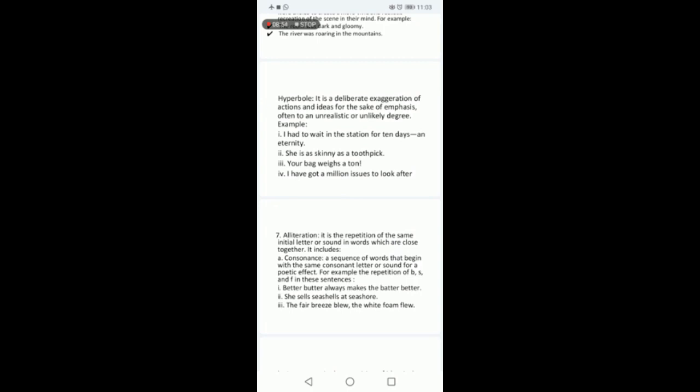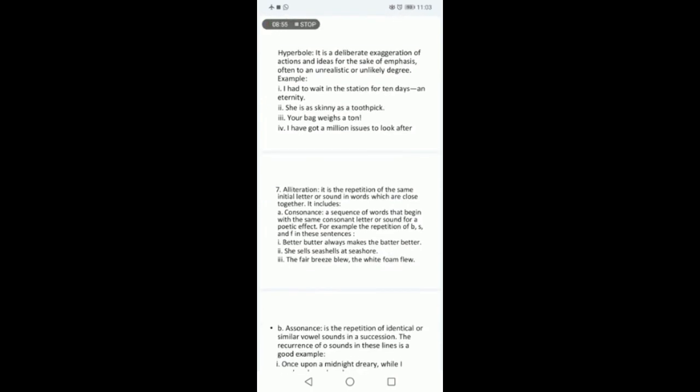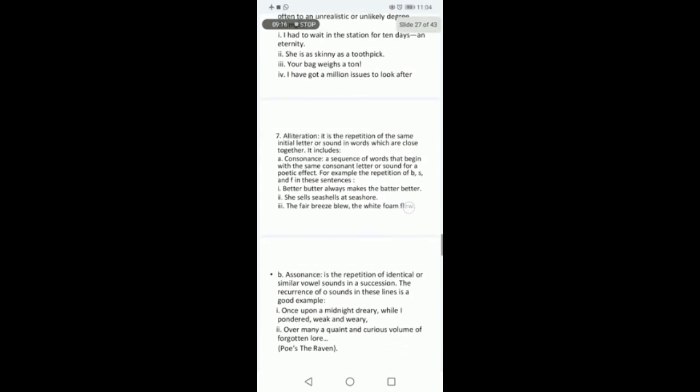They have alliteration, talking about repetition of sounds in lines of poetry or narrative. These repetitions can come in two forms. You can repeat consonant letters or sounds, in which case it is called consonance. When we repeat vowel sounds or letters, it is called assonance. You can see examples there.